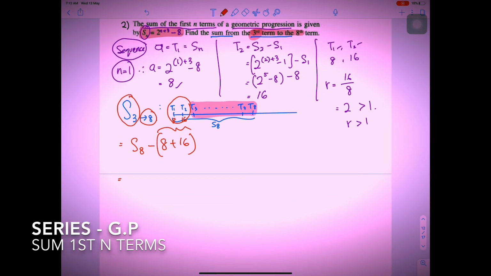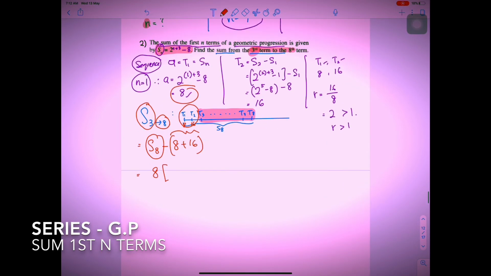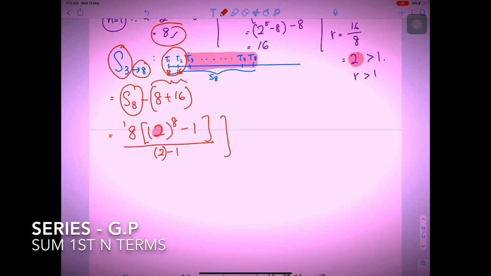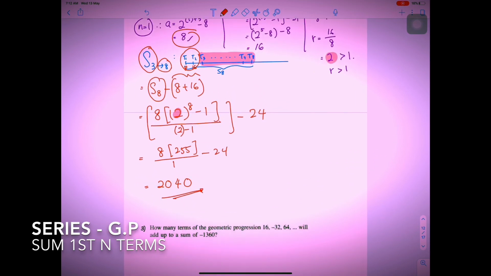Let's find S8 minus 24. That is 8, the first term, times 2 power of 8 minus 1, where 2 is the common ratio, over 2 minus 1, and then minus 24. You will get 255 over 1, minus 24. So the answer is 2040. This is the answer.